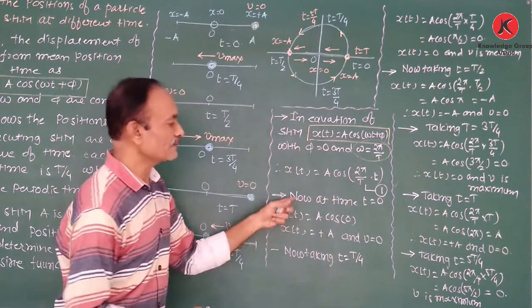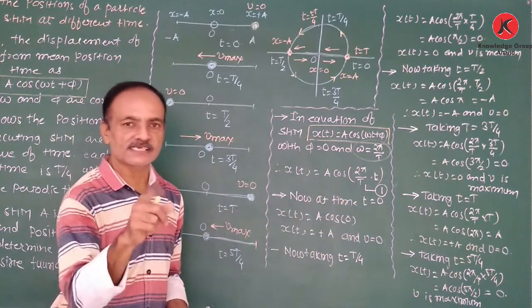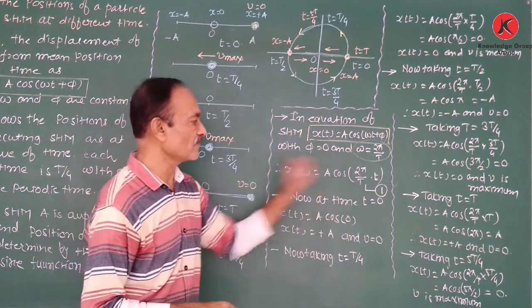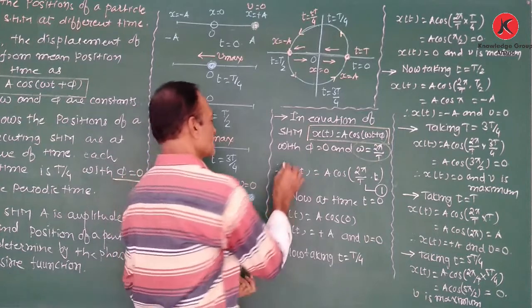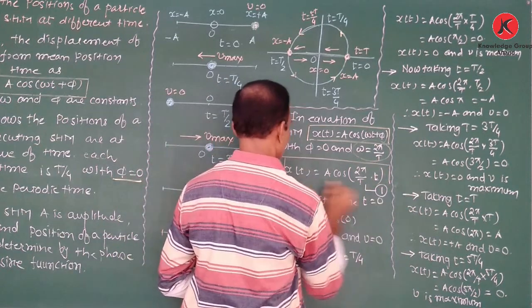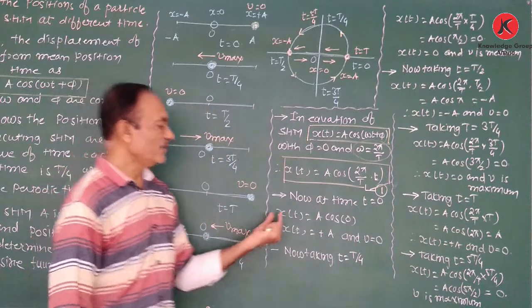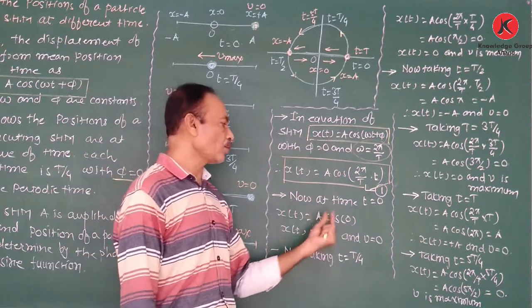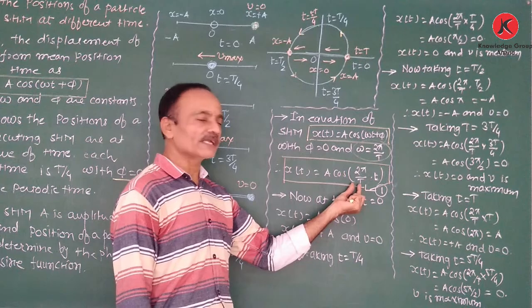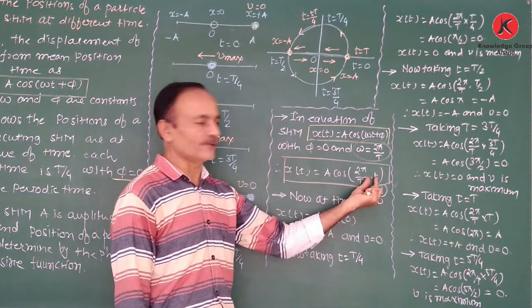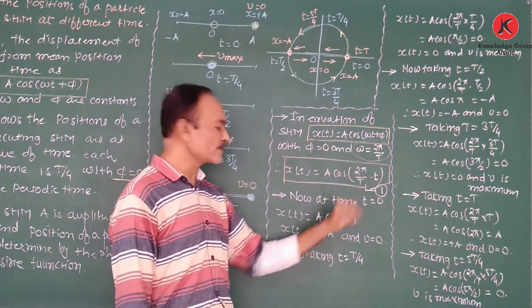First we substitute t equal to 0, initial time, in equation 1. That is our main equation. We substitute the different values of time in this equation. Therefore x(t) is equal to a cos(2π/T × 0). Therefore this bracket becomes 0.